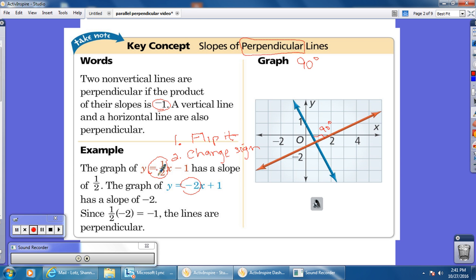So if I take 1/2 and I flip it, now it becomes 2 over 1. This is a positive number, so then I change the sign to a negative number, and I get -2. So 1/2 times -2 is equal to -1. These are the steps that you need to write down for perpendicular.